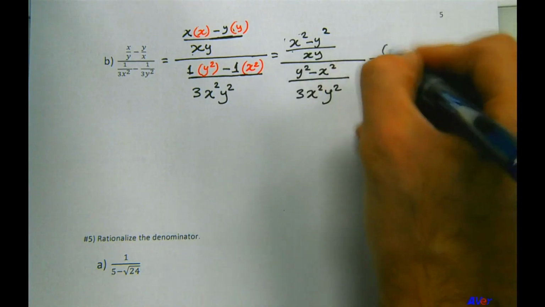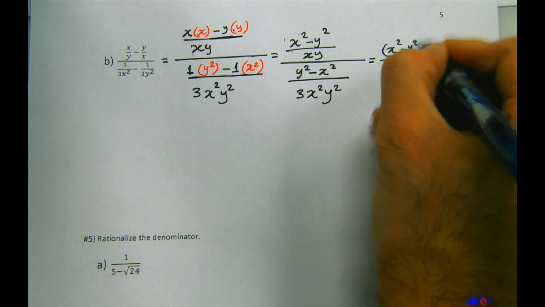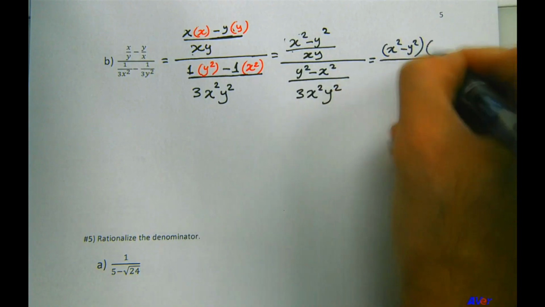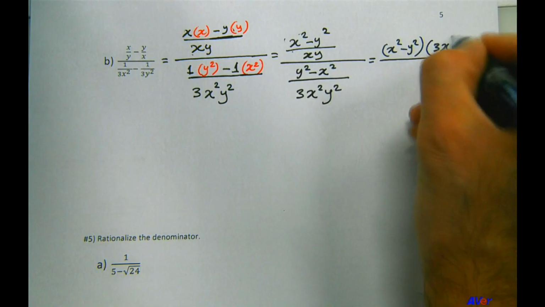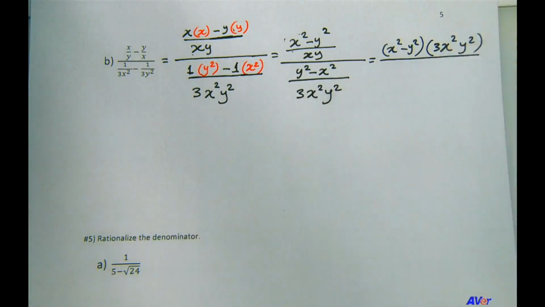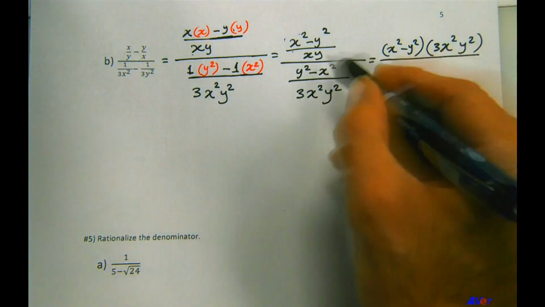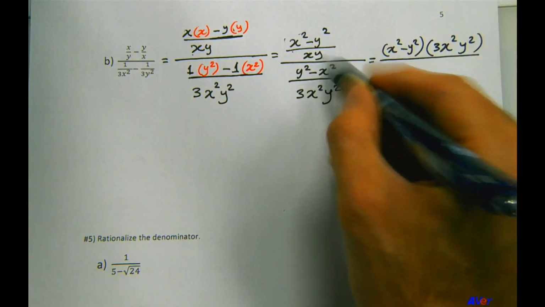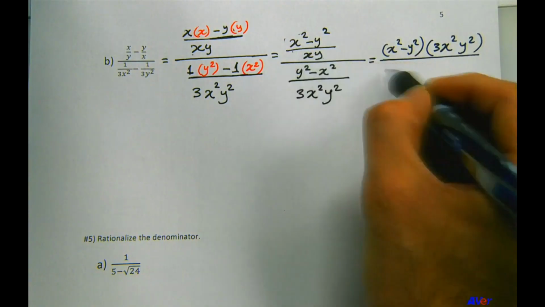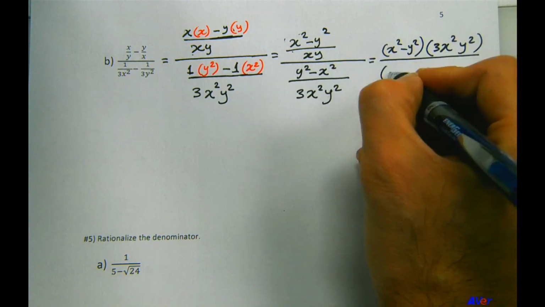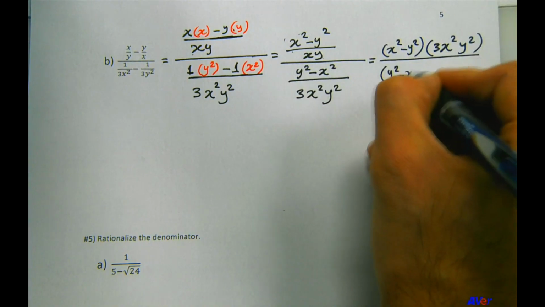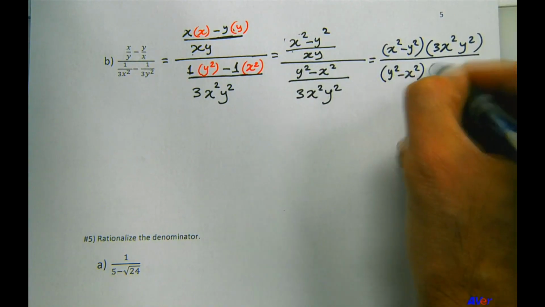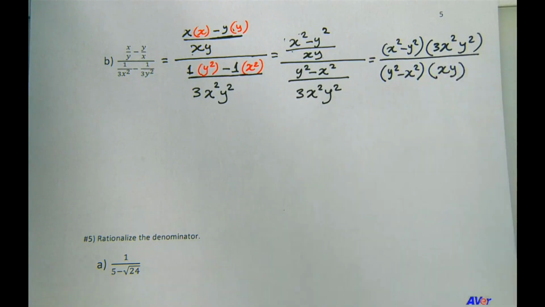So x squared minus y squared times 3x squared y squared in the numerator. Then take a look at the terms that are closest to each other, multiply them and put them in the denominator. So y squared minus x squared times xy.